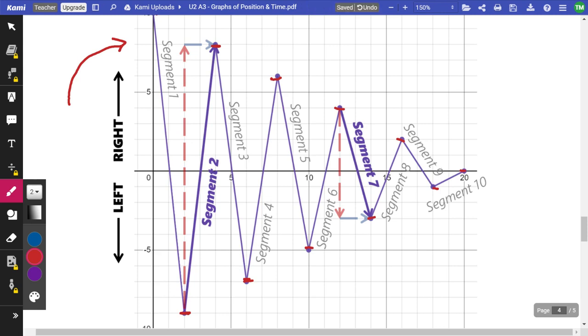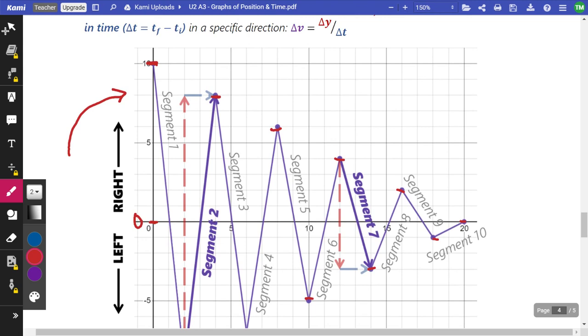You'll see that the middle, where it's hanging just straight up and down, is 0. Okay, and this time we're measuring this in centimeters, so this is 0 centimeters. All right, if you go to the right, that's going positive 1 centimeter, 2 centimeters, 3 centimeters, 4, 5. So we're starting at positive 10 centimeters.